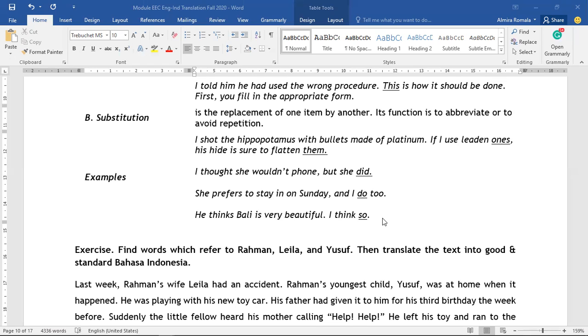"Aku pikir juga." So don't just use the literal meaning to translate the cohesive device. This one is a substitution, and from this we know that they are expressing the same things. Okay.